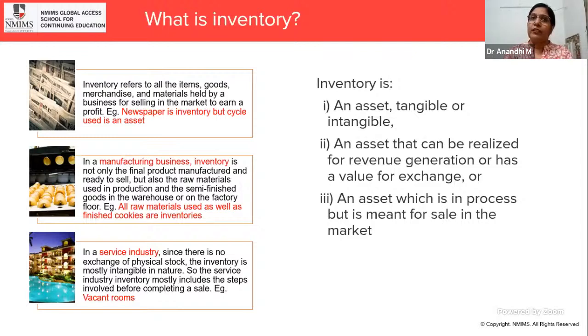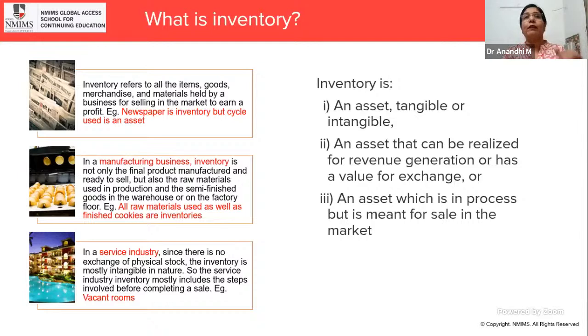And of course, it is ultimately meant for sales in the market. So basically, it is a stock which one needs to hold for their business, to make sales or to make production, ultimately to reach the customer's hand. Like, for example, newspaper is inventory, but the cycle used to deliver the newspaper is an asset, right?